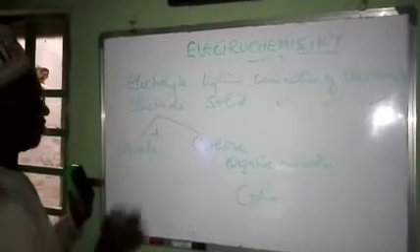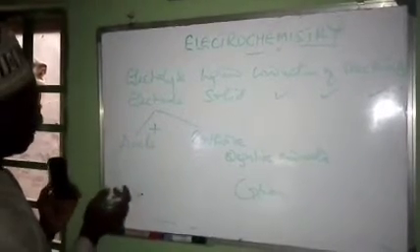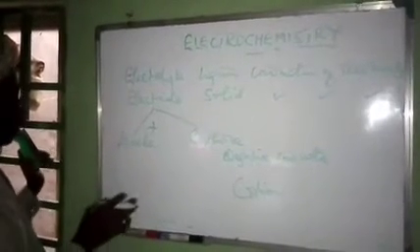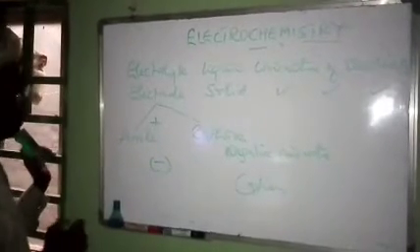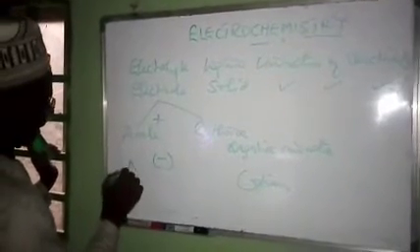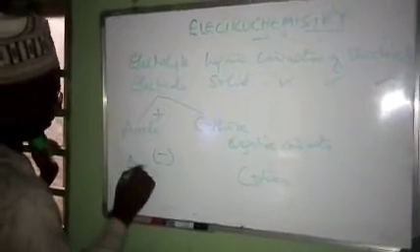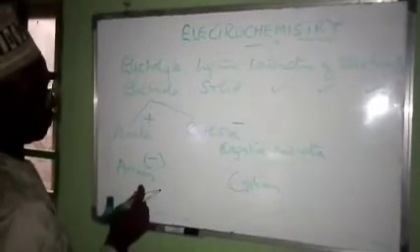Since the anode is positive, the ion that will move to the anode must be a negative ion. You refer to that ion as an anion. Whereas those that migrate to the cathode, which is the negative electrode, are known as the cation.